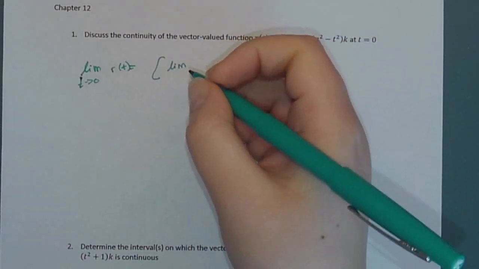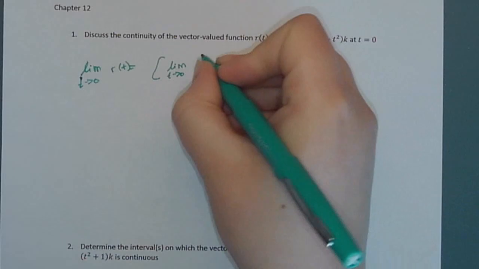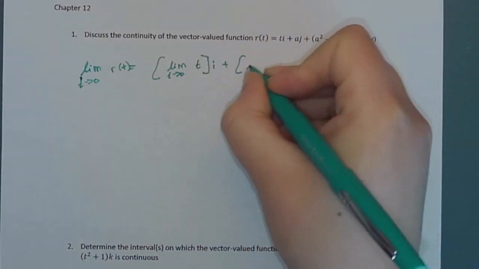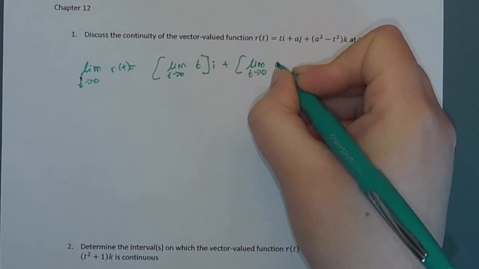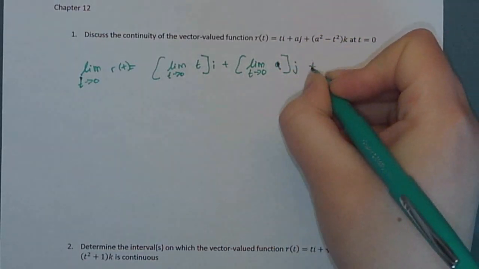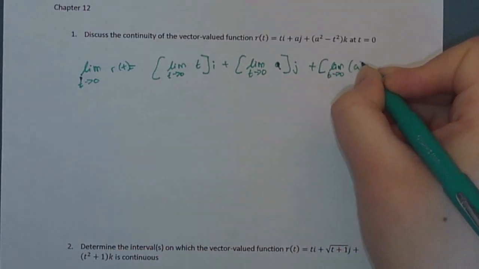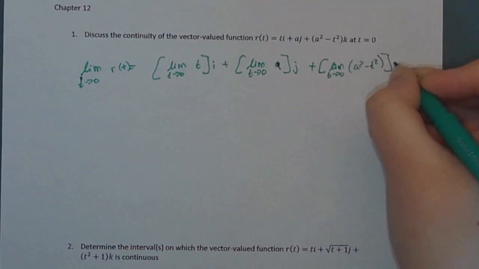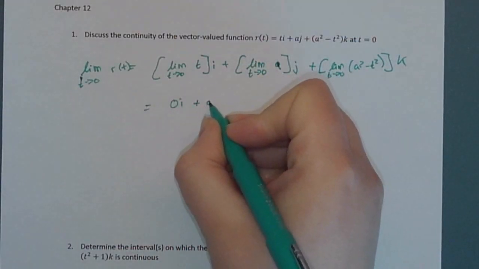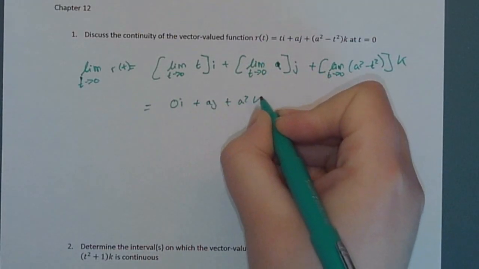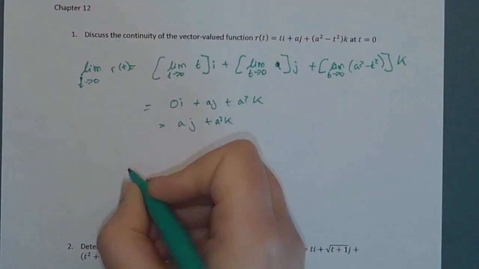So the limit as t goes to 0 of R of t is the limit as t goes to 0 of t times i plus the limit as t goes to 0 of a times j plus the limit as t goes to 0 of a squared minus t squared times k. So we get 0i plus a times j plus a squared times k, or aj plus a squared k.